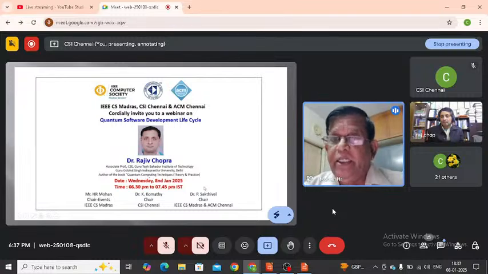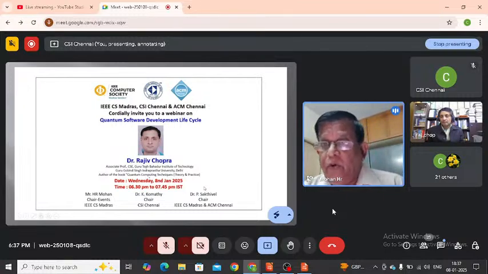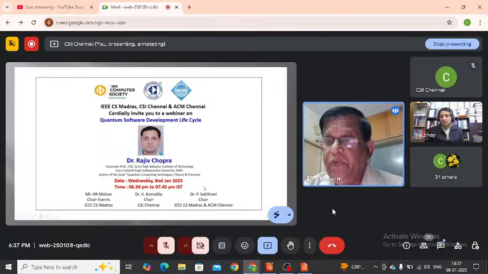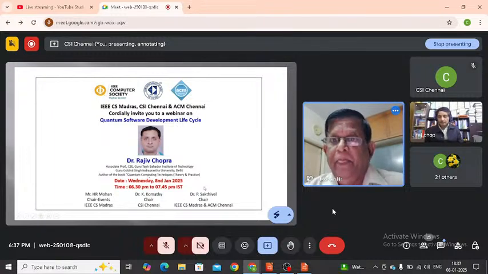In today's presentation, focusing on software development for quantum computing, Dr. Rajiv, apart from briefing basic quantum computing and programming, will attempt to provide answers to a few questions such as, what is quantum software engineering? Can we use the same techniques of software development lifecycle and web software development lifecycle for quantum software development lifecycle?